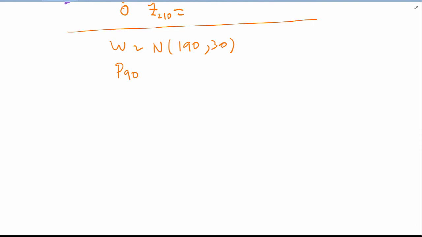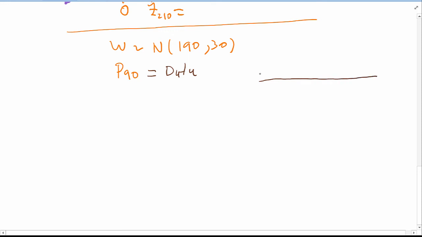So now what we're really looking for is a data value. This is a weight, so that 90% of males fall below that particular weight. All right, so this is data. Let's see what we mean by that.